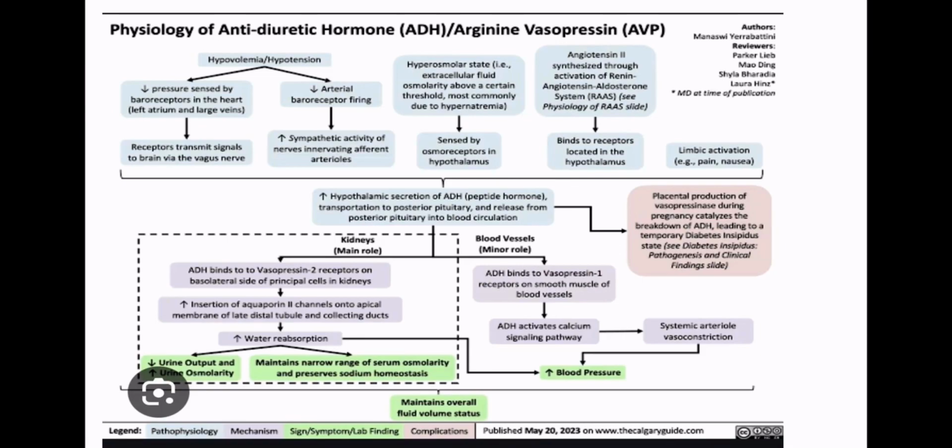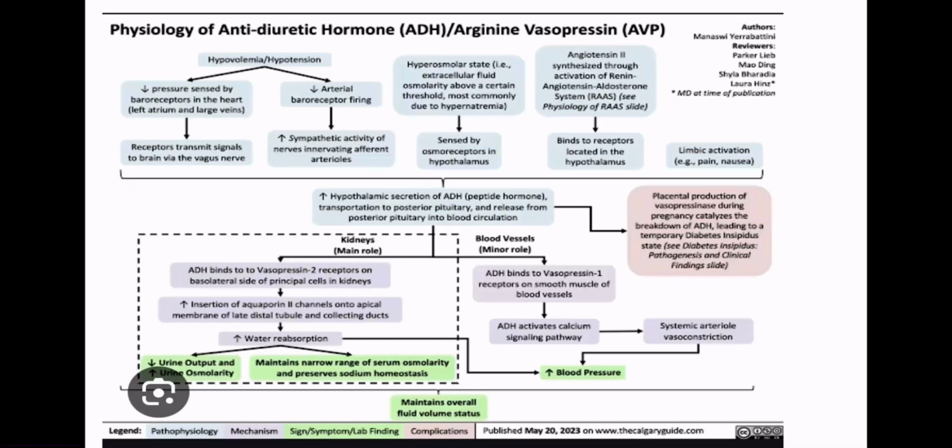Other stimulants are emotional stress, pain, and a variety of drugs. What happens is there's decreased blood pressure sensed by the baroreceptors and decreased baroreceptor firing. It will transfer the signal by the vagus and increase activity of the nerves innervating the afferent arterioles.